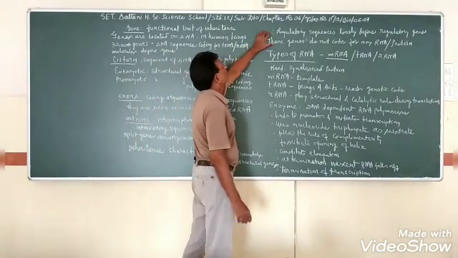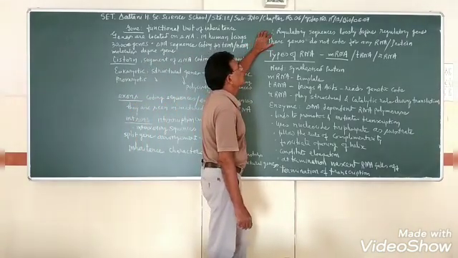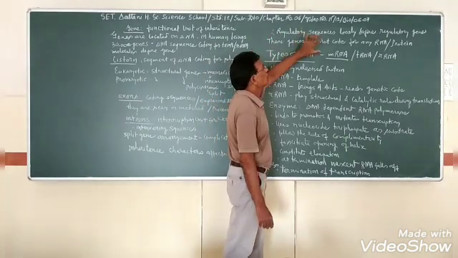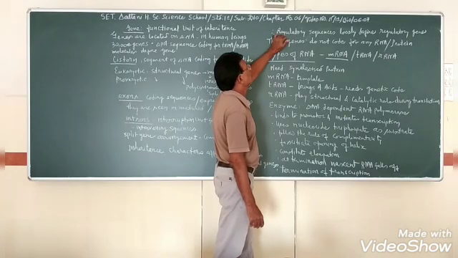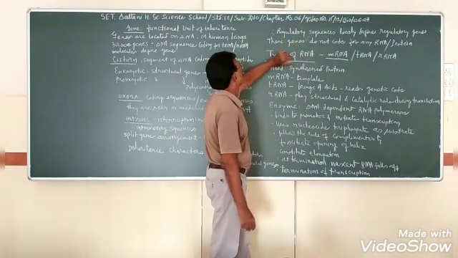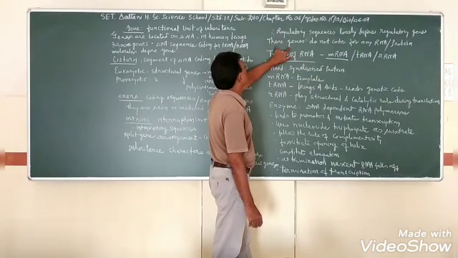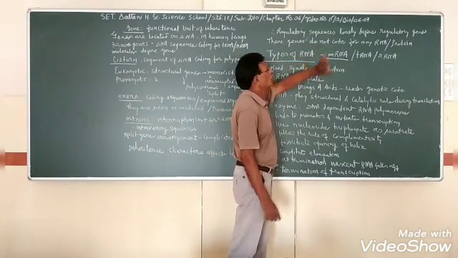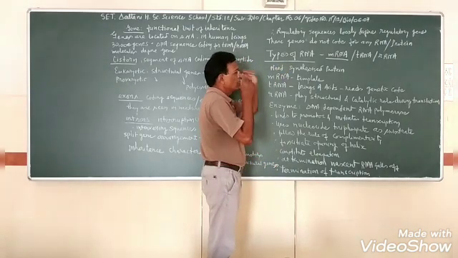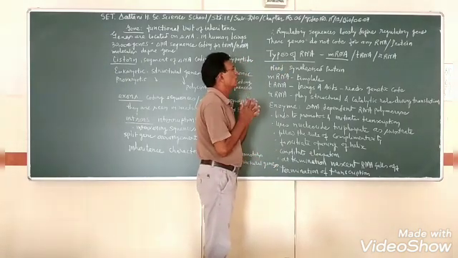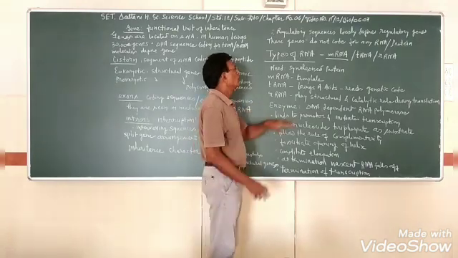Now, regulatory sequences define regulatory genes, because they regulate the sequences of DNA and RNA bases. These genes do not code for any RNA or proteins. Types of RNA: a total of three types of RNA are found.